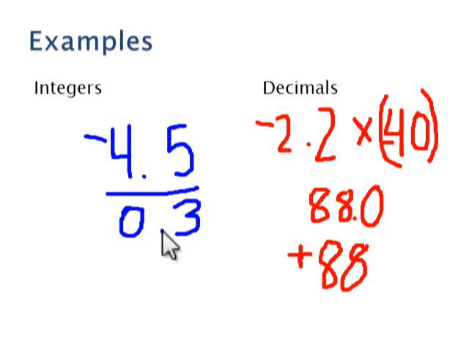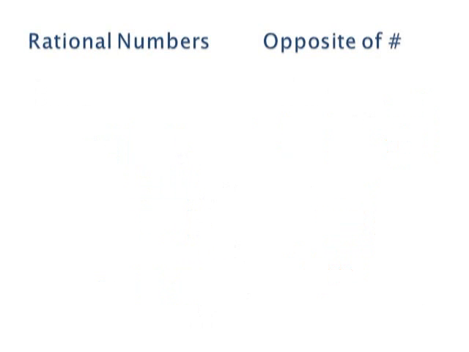The 0.3 would be the divisor, and I'd have to move the decimal point over one place to the right, so I'm going to do that. So if I do that in that number, I'm going to do the same thing in the numerator, which would be the dividend, the number inside the box. And so I'm really just dividing negative 45 by 3. So 45 divided by 3 is 15, and a negative divided by a positive is a negative, and the decimal point is supposed to be at the end of the number because 45 divided by 3 is 15, so negative 15 is our answer.